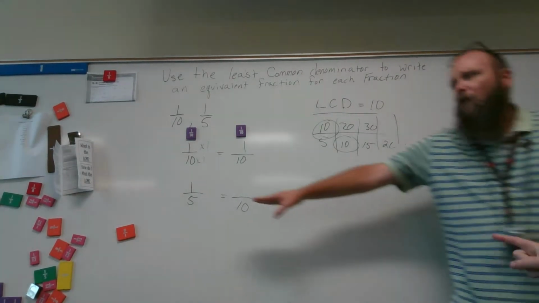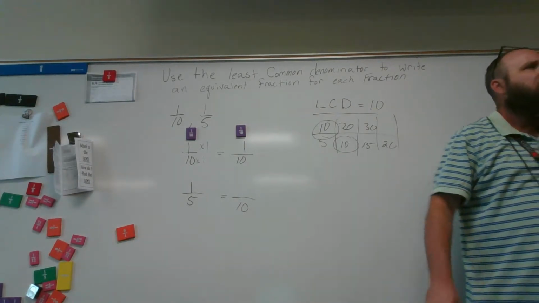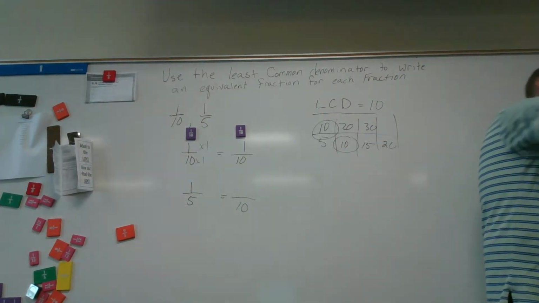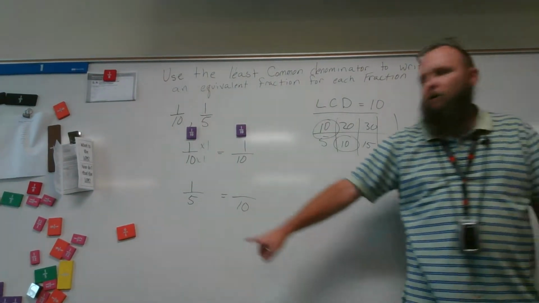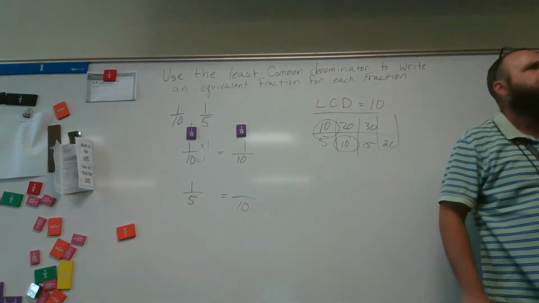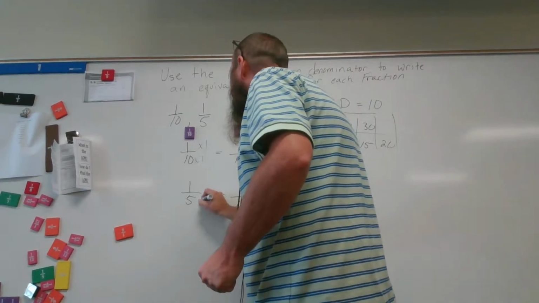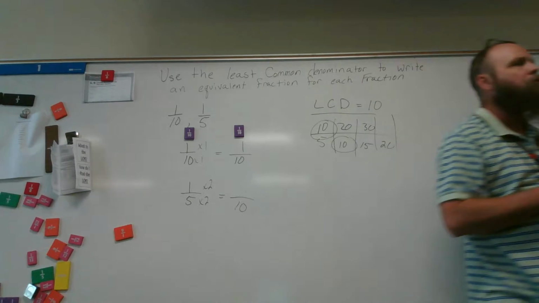Kayla, now we have to change 1/5 into something over 10. So I got to multiply my numerator and denominator by the same number. So what would you choose, Kayla? We just look at what we have. 5 times what equals 10? 2. So if I multiply my denominator by 2, I must also multiply my numerator by 2.